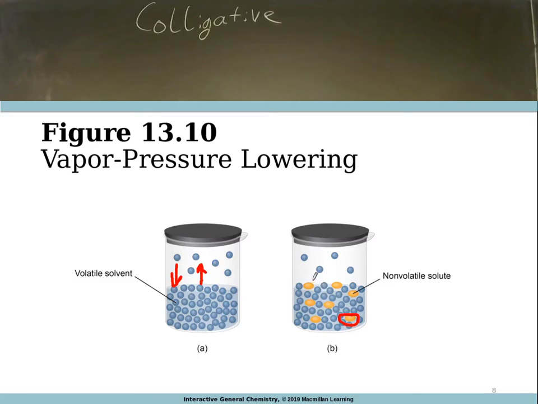And you'll notice in particular, there's no reason those salt solute particles shouldn't be occupying some of these positions on the surface. And so they're going to take up some of that surface space, making fewer solvent particles able to escape into the gas phase.